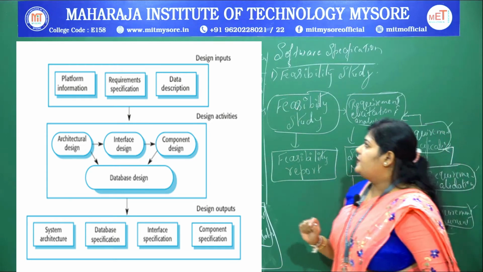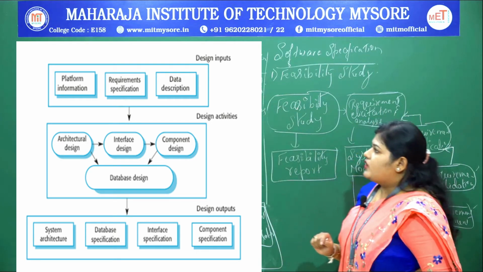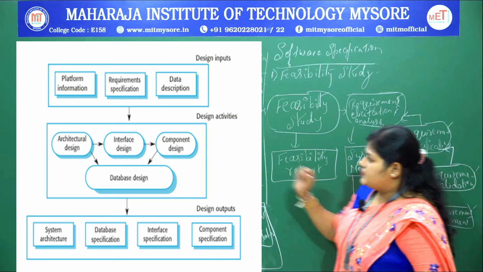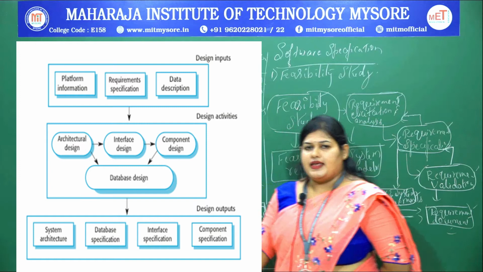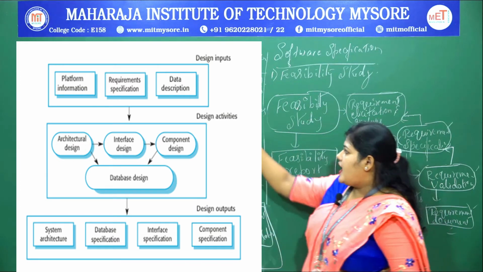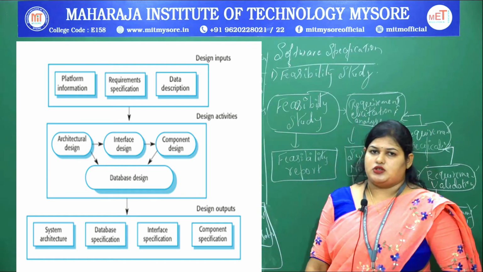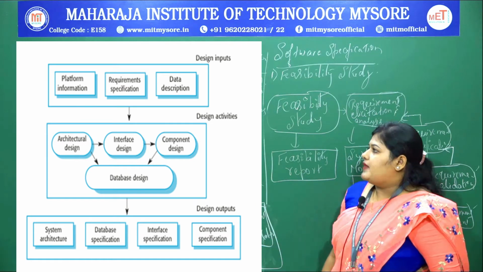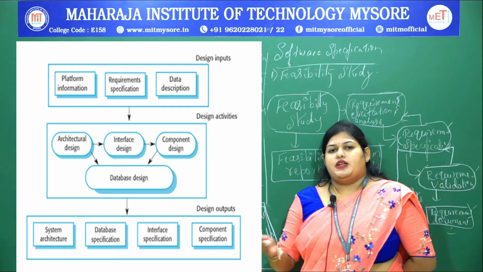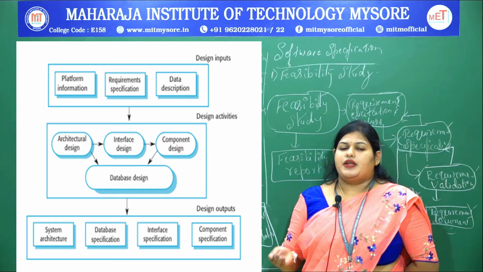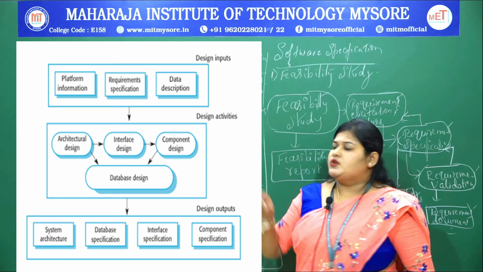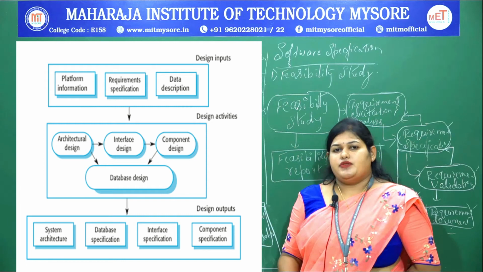As I said in the very beginning, the design inputs deal with three basic things. What are those? The platform information, second the requirement specification, and third the data description. Regarding the platforms, there are many models, and in accordance with the requirements we need to select the platform information.